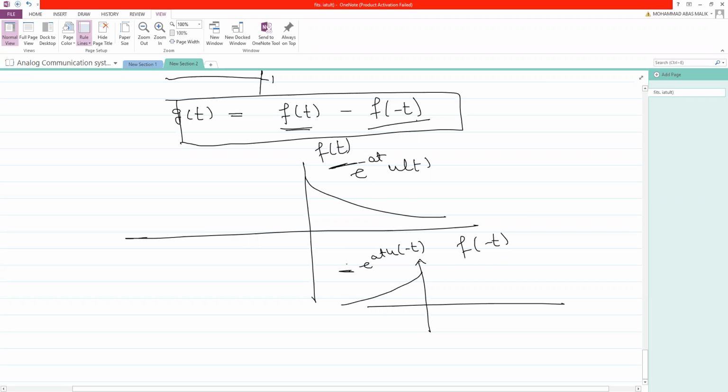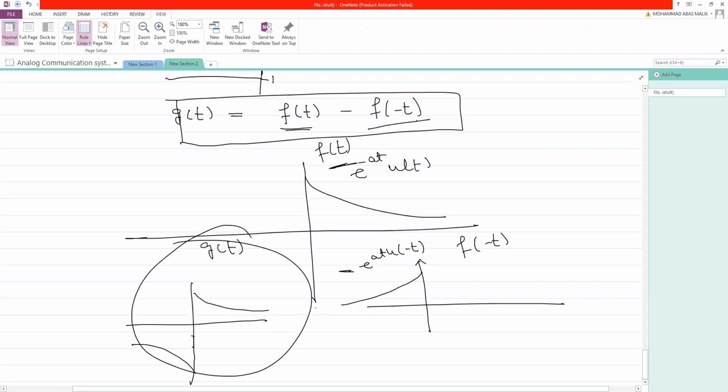After subtraction, it will be something like this. So this will be your g of t. You just do this at home. This will be e raised to the power minus at, u of t, minus e raised to the power at, u of minus t.